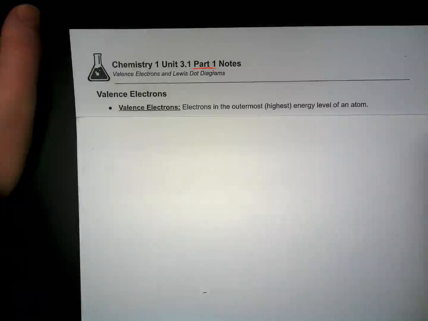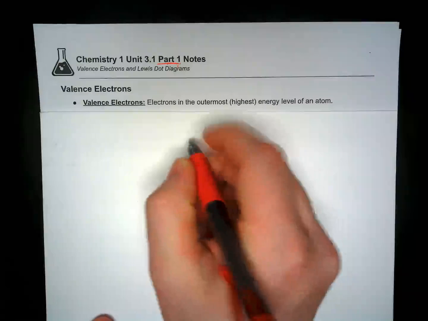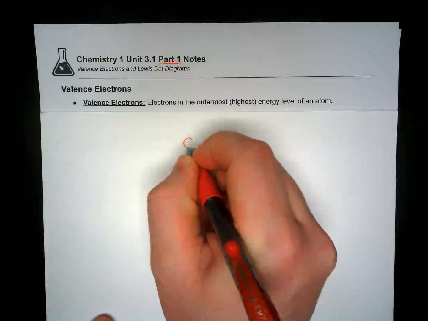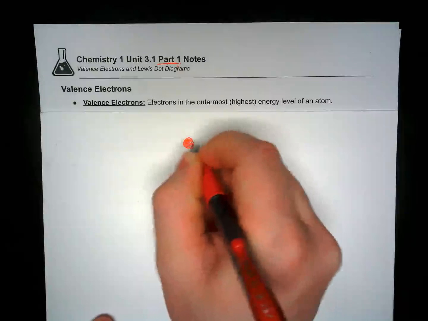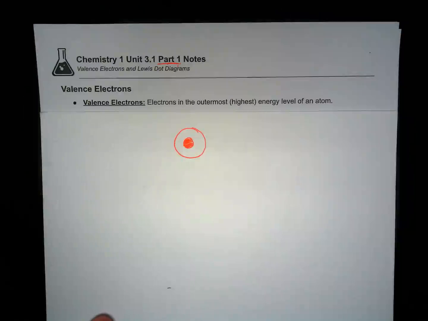So remember, electrons are found on the outside of the nucleus of a particular atom. If that's your nucleus, you have all the electrons on the outside here. Now, what's different is that valence electrons specifically reference electrons found at different levels, different rings, different energy levels outside of the nucleus.